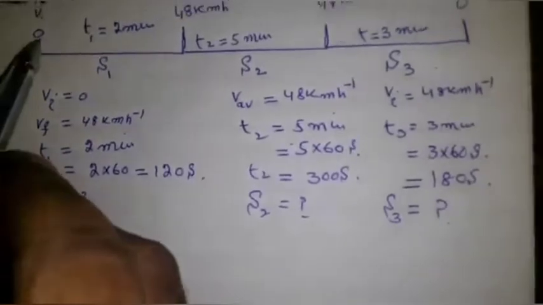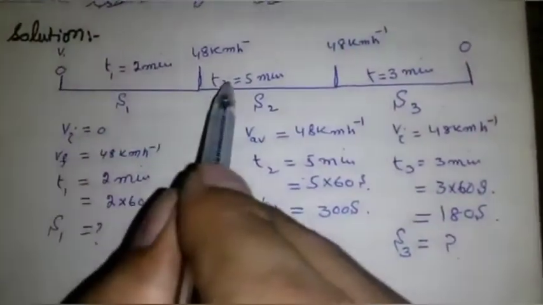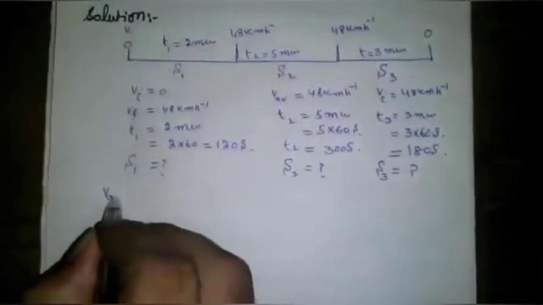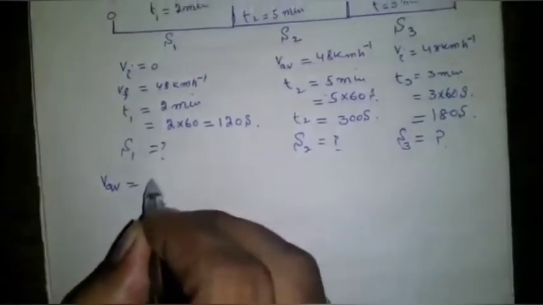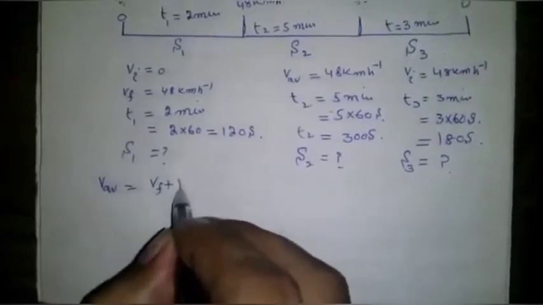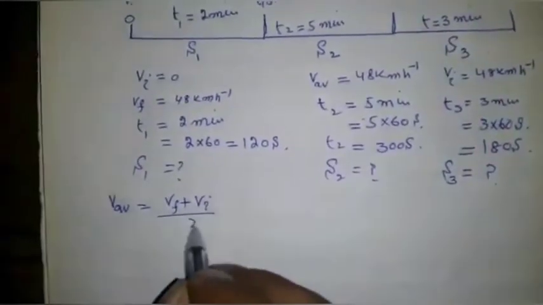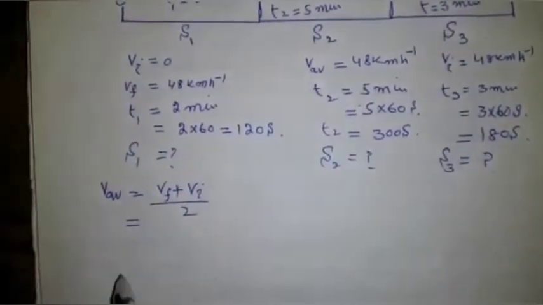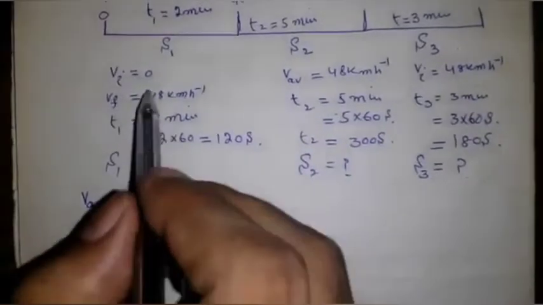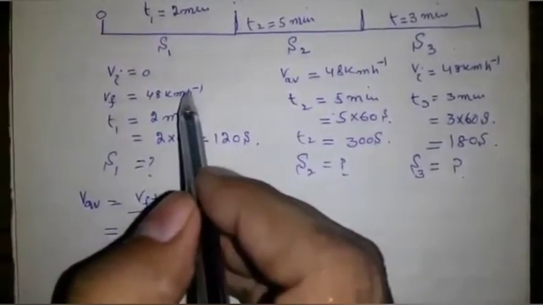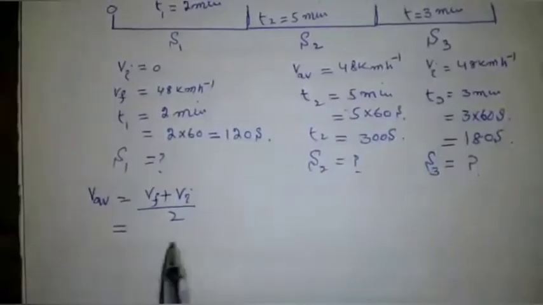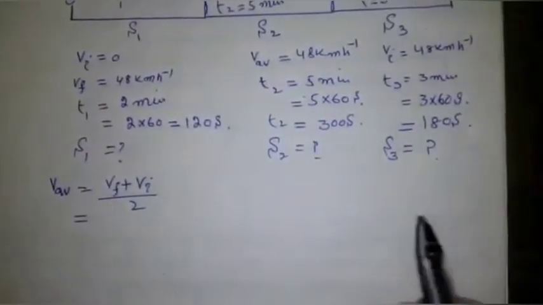Now it is moving with a constant acceleration, so its average velocity is equal to Vf plus Vi over 2. First of all, we need to convert this 48 km per hour into meter per second. Then we calculate the answer.